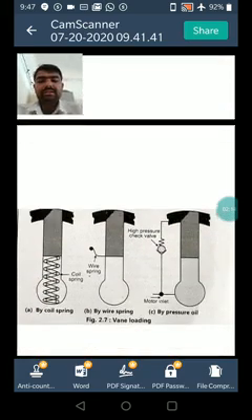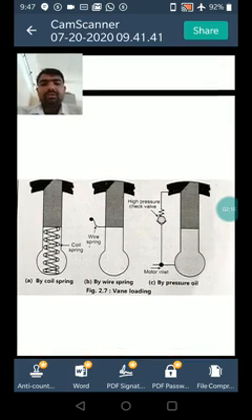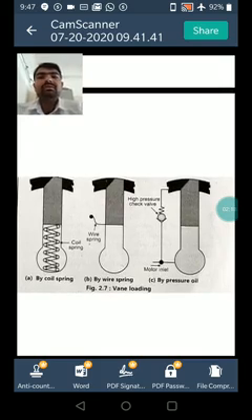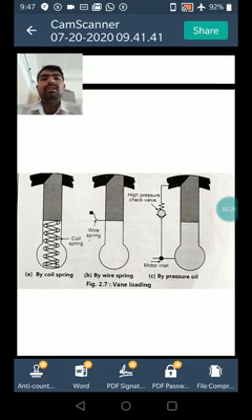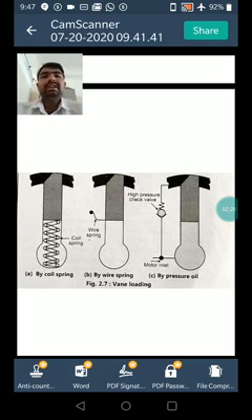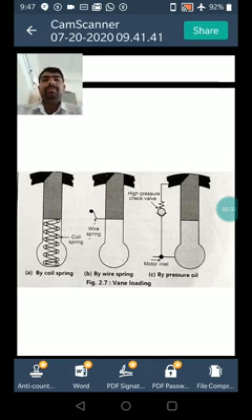Then next there is vane loading. In this vane motor, unlike in a vane pump, centrifugal force is not used for radial travel of the vanes for sealing between the cam ring and vane tip.